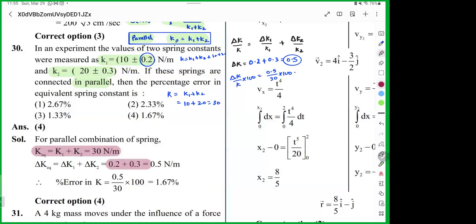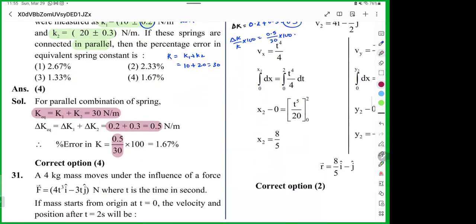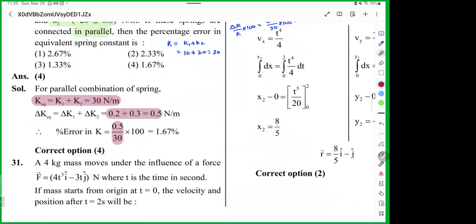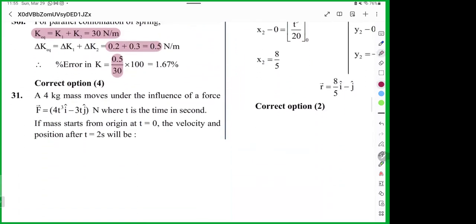Error you can add, and then you take delta K by K, multiply by 100 because it is percentage. Right? Wow, at least you got some direct easy question. Solve this question.